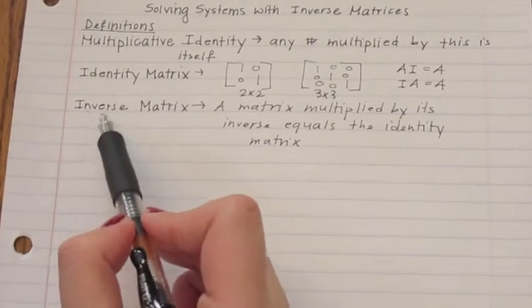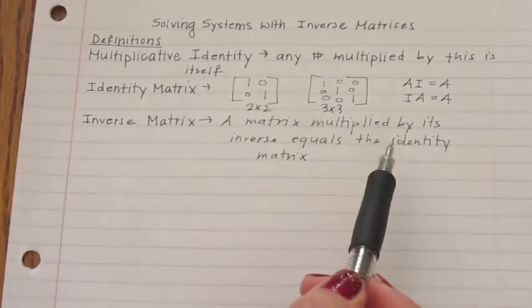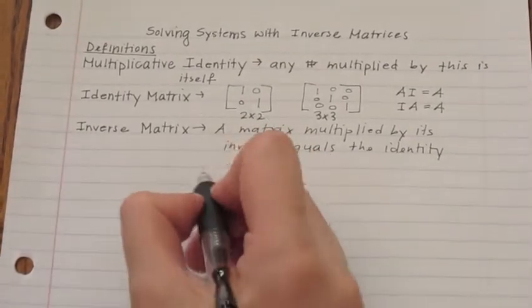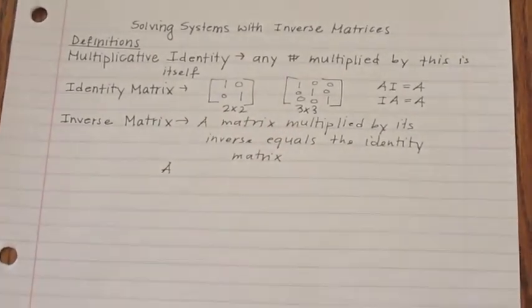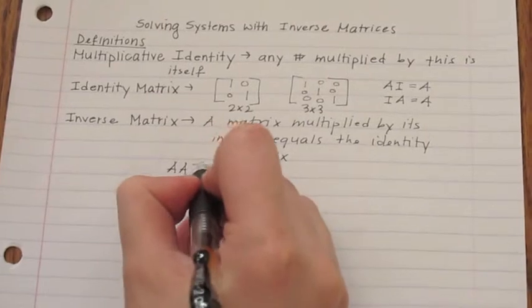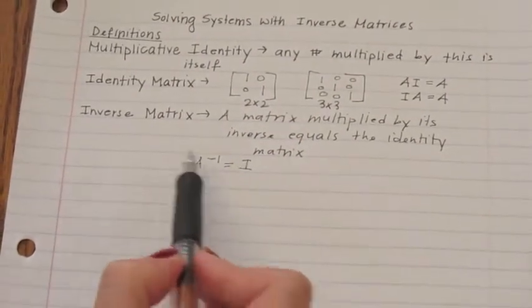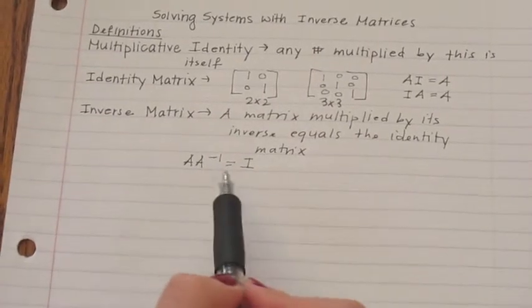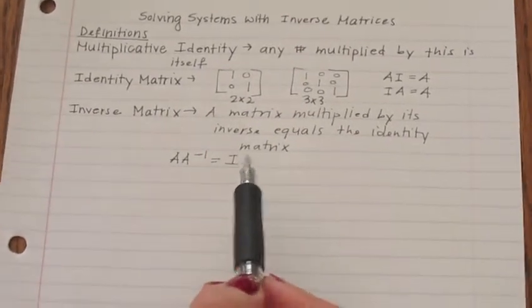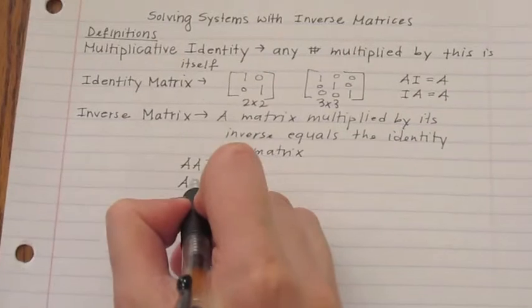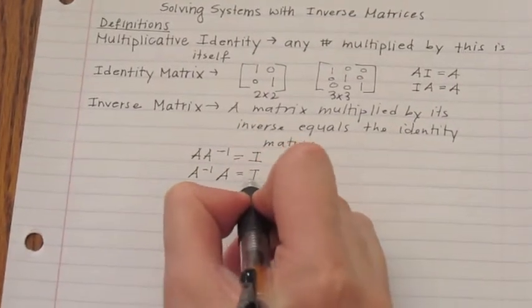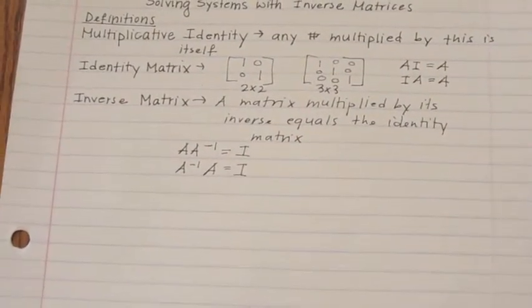We want to know what the inverse of a certain matrix is. So if we have a matrix A and we multiply it by its inverse, it gives us the identity matrix. And this type of multiplication is commutative, so if you do its inverse times A, if you switch it around, it should still give you the identity.